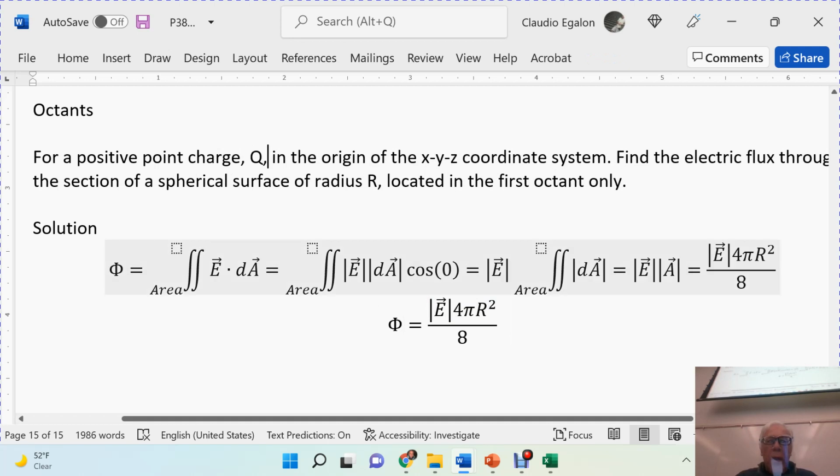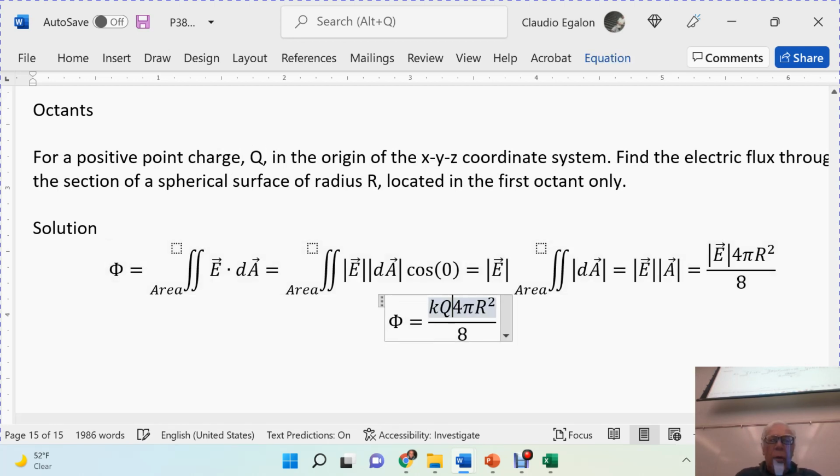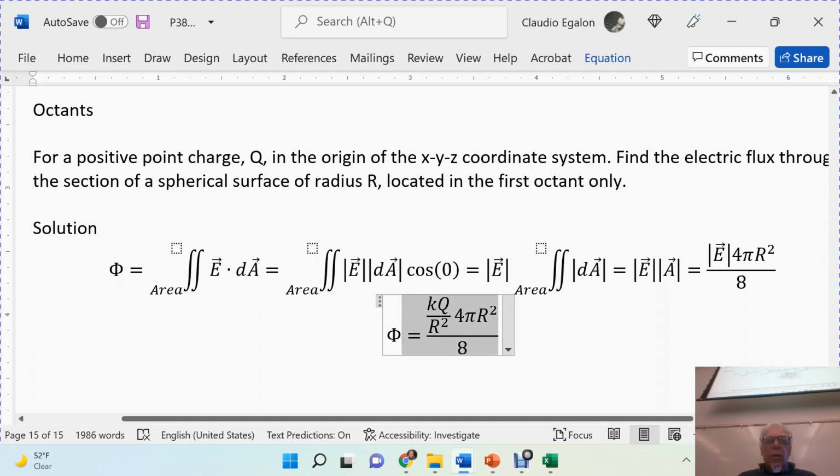It's KQ over r square. Like that. That's what the electric field is all about.